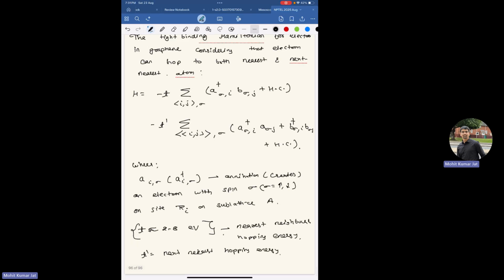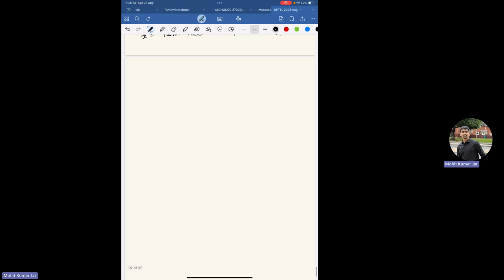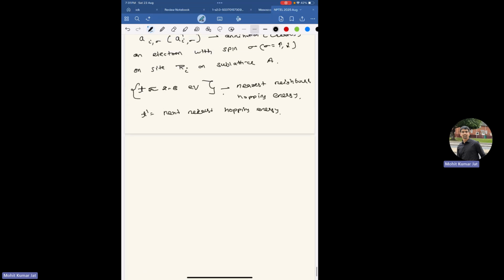And if you just solve this Hamiltonian, I'll just write the final result. It's plus minus t, where t is the hopping term, times the square root of 3 plus a function of k, minus t prime times a function of k. Plus minus means the bonding and the anti-bonding, basically the one which we discussed.